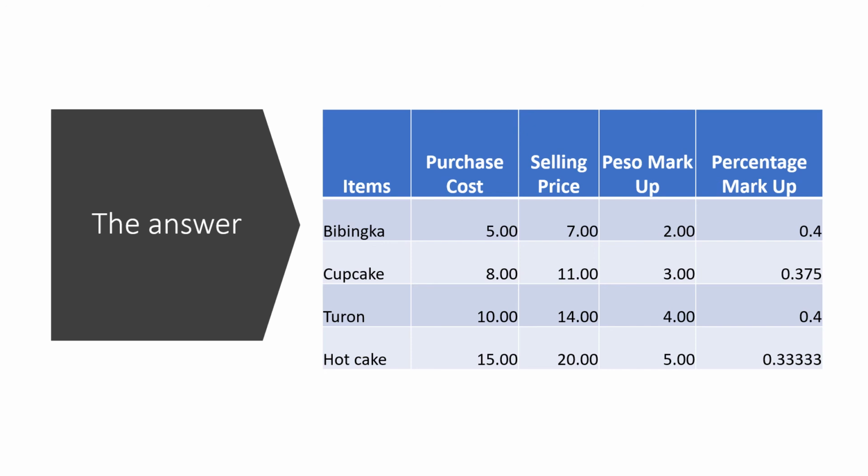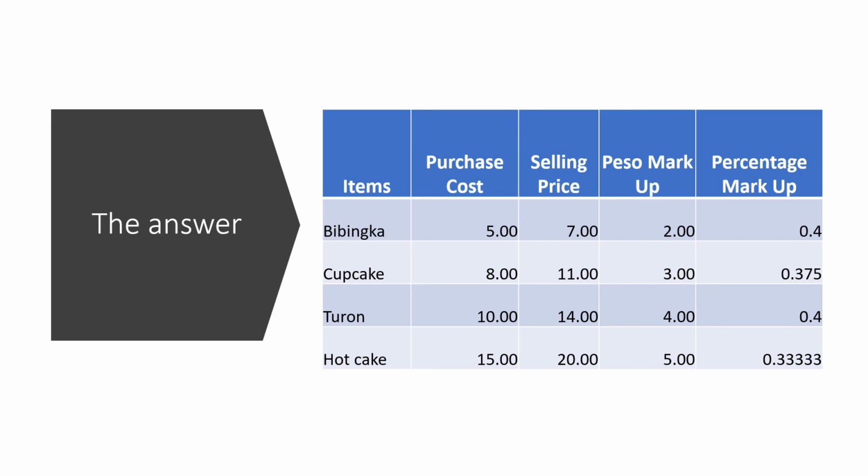Next, for cupcake, your peso markup is 3 pesos divided by 8 pesos is equal to 0.375. For your turon, your peso markup is 4 pesos divided by your purchase cost, which is 10 pesos. And you have a percentage markup of 0.4.